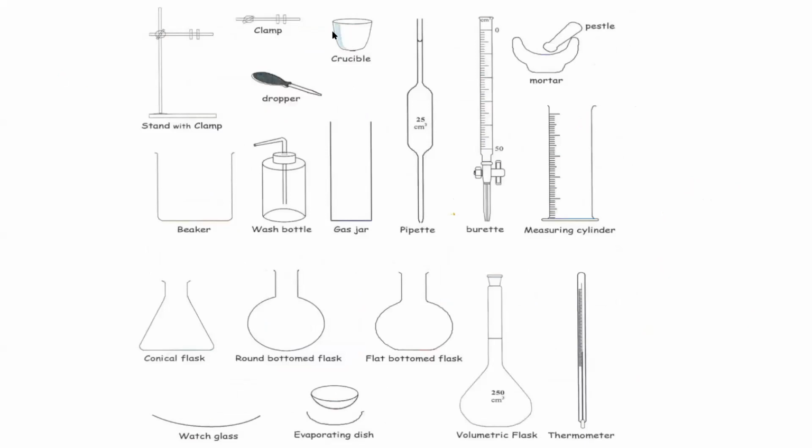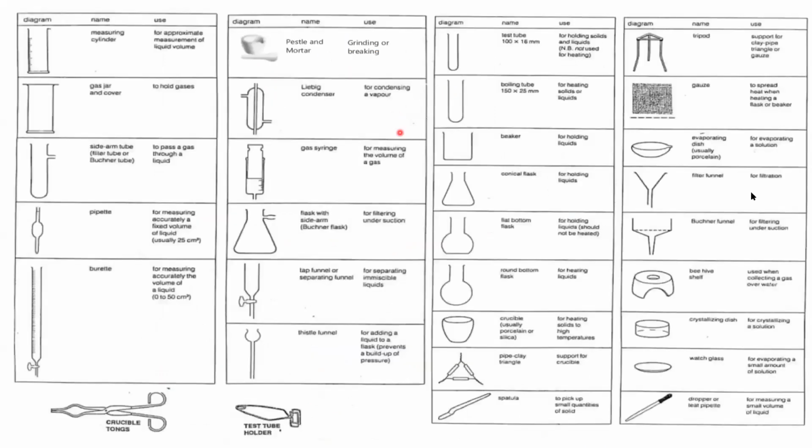So again, different types of apparatus: stand with a clamp, dropper, crucible, pipette, burette, measuring cylinder, mortar, pestle, gas jar, wash bottle, conical flask, round bottom flask, flat bottom flask, volumetric flask, thermometer, evaporating dish, as well as watch glass. So these are the common lab apparatus. You should learn the name of each apparatus and its purpose.